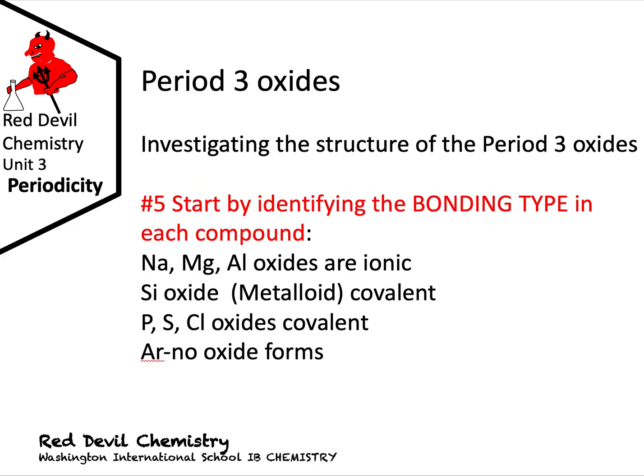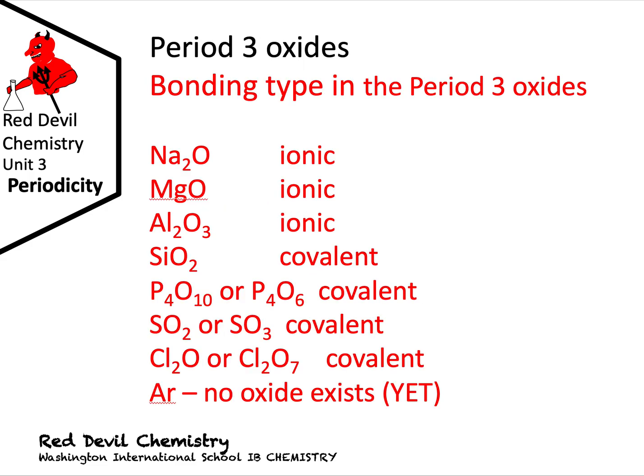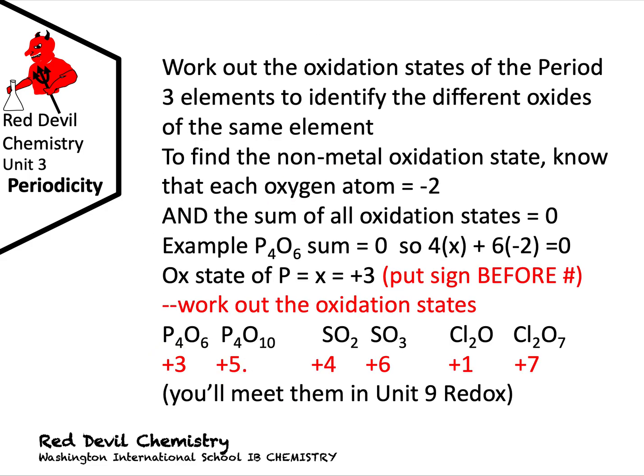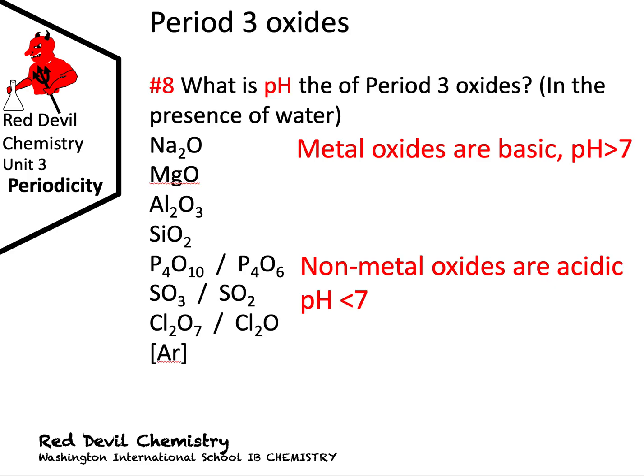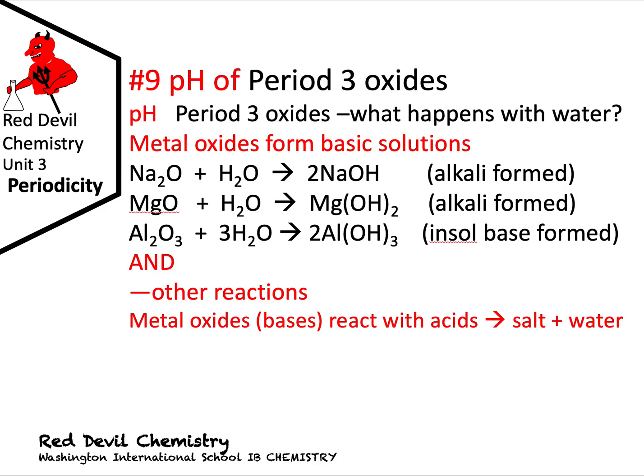Looking at the bonding types, so these are responses, answers that help you. And then the oxidation states here, and then the conductivity to check your answers, the pHs, and some of the equations that are here.